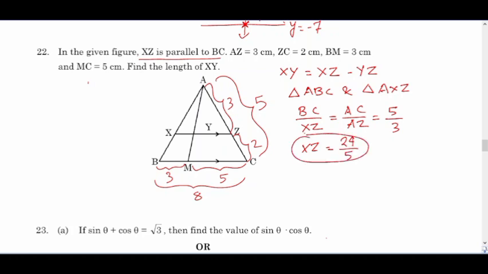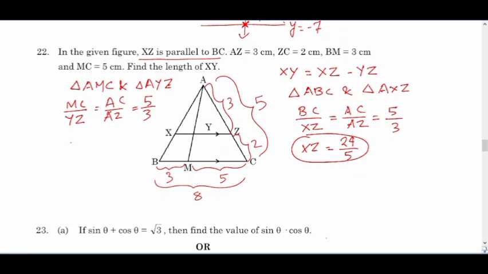Now to find the YZ value, we know that triangle AMC is similar to triangle AYZ. These two triangles are similar. MC by YZ will be equal to AC by AZ, the same 5:3.